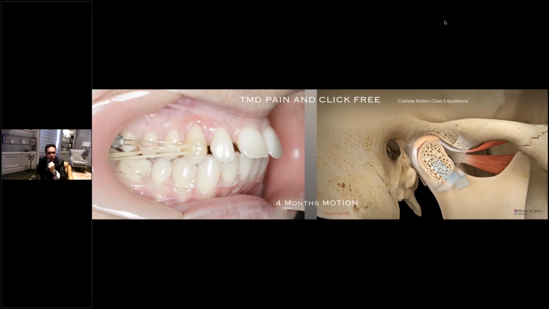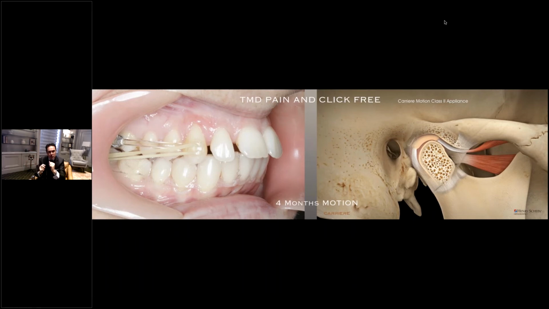This is very important because when we see a patient that has a class 2 malocclusion and temporomandibular disorders, we are happy because we can help with this compression of the mandible. What is very frustrating is to see a patient that has a class 1 malocclusion and temporomandibular pain and clicking, because we cannot invite this mandible to be relocated forward.